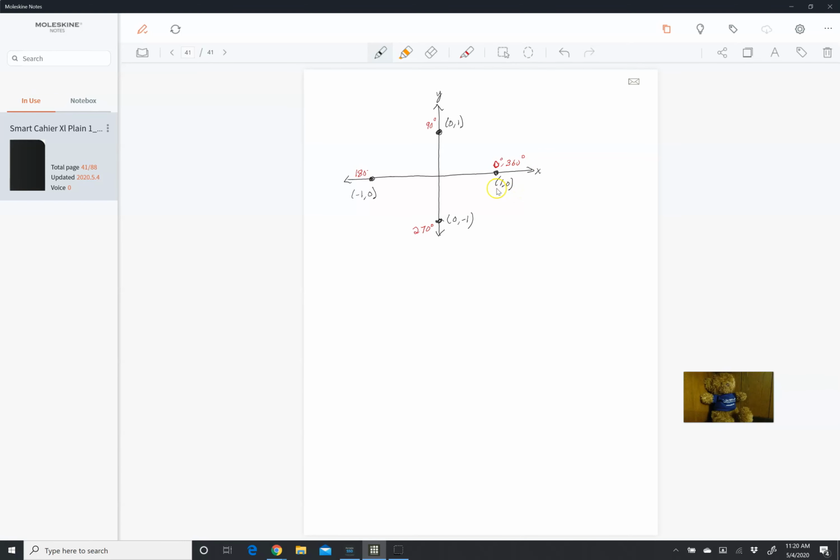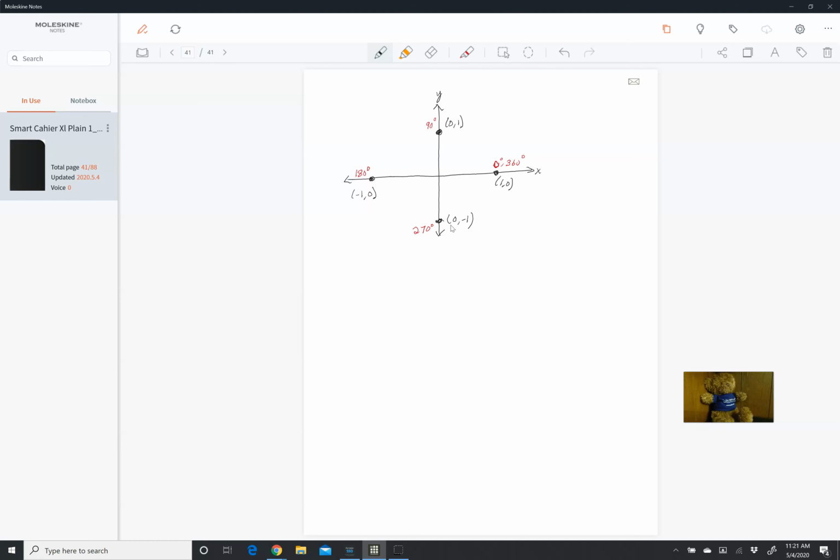The cosine of 0 is 1. The sine of 90 is 1. The cosine of 90 is 0. The sine of 180 is 0. The cosine of 180 is negative 1. Sine of 270 is negative 1. Cosine of 270 is 0. So we know the sines and the cosines of these angles, okay?